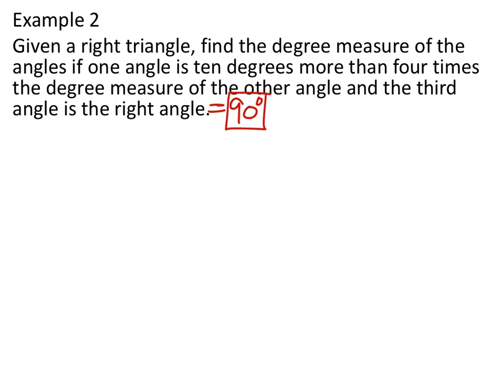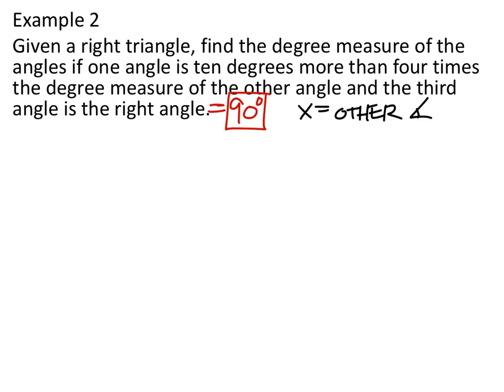But it then says, if one angle is 10 degrees more than 4 times the degree measure of the other angle, again, I can write that one angle in terms of the other angle. So I'm going to let x equal some other angle, just not the 90-degree angle. So let's look at that again.